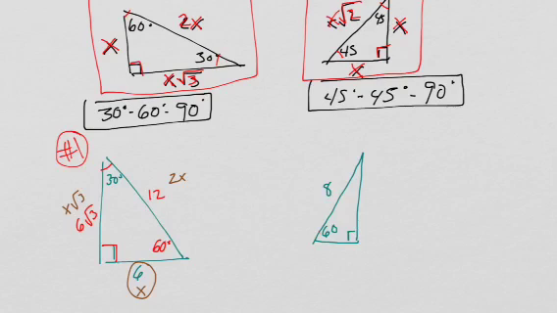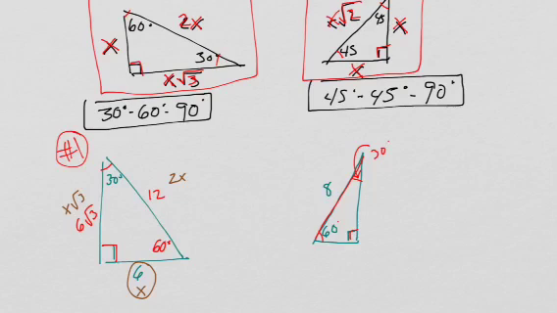This time we have an angle that is 60 degrees and one that's 90 degrees. So therefore the other angle must be 30 degrees. And this time we know the hypotenuse, the long side, is 8. We know that that side is double the short leg, the shortest side.